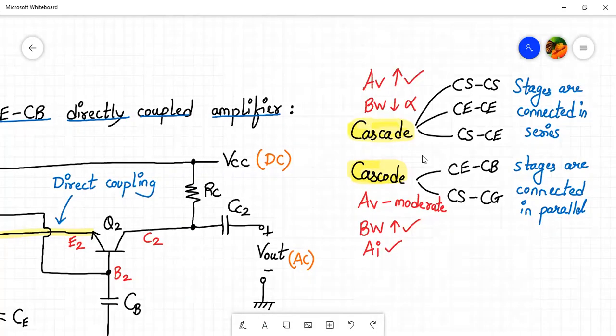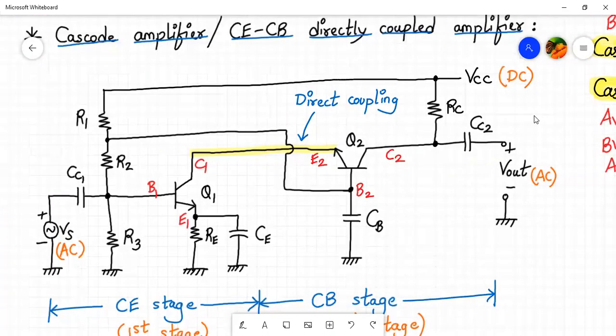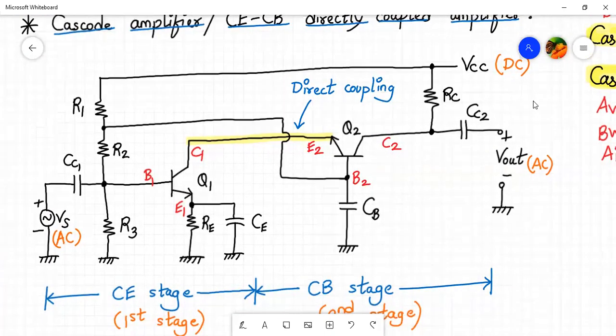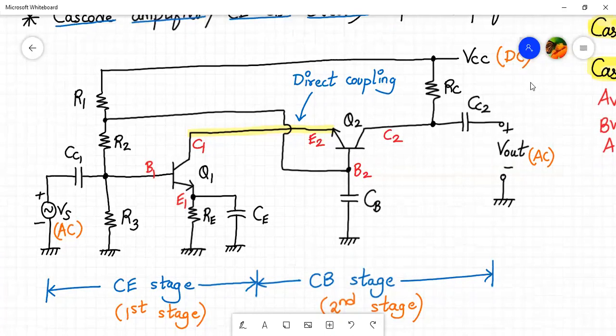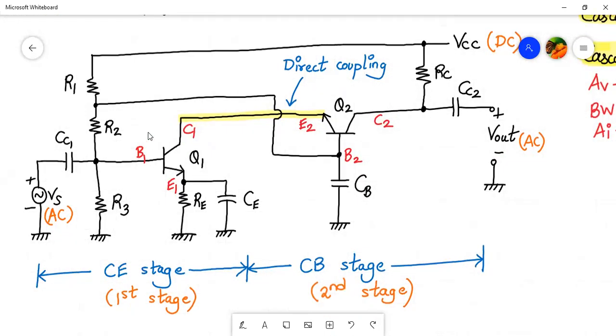Now let's continue back on the main topic, that is the common emitter, common base cascode amplifier, or a directly coupled amplifier. Now, what do you mean by directly coupled? That means the first stage output is connected to the next stage input directly without any RC coupling.